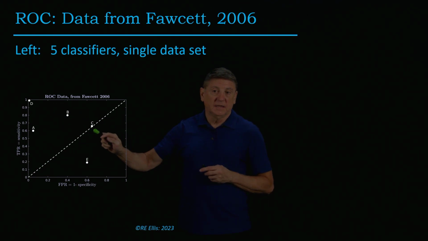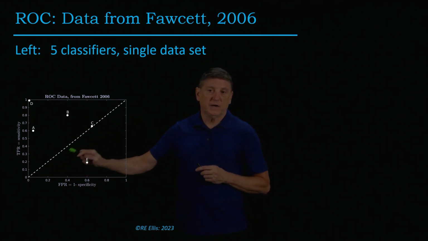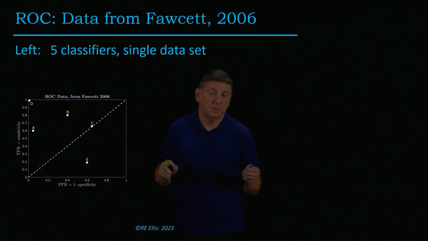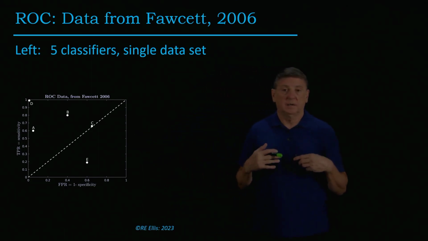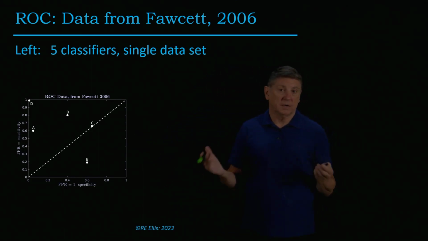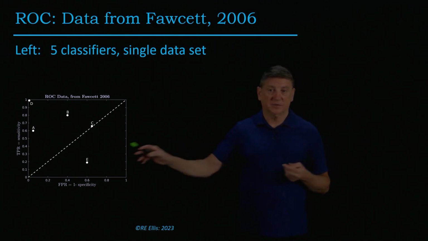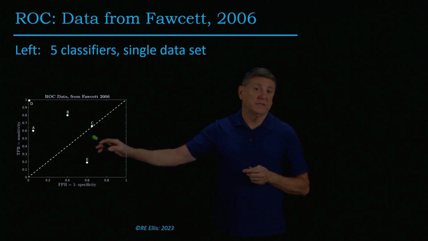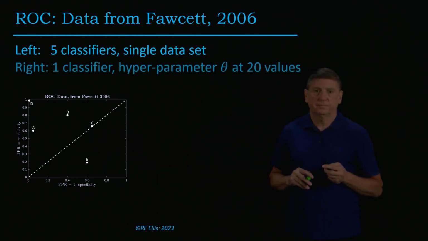Algorithm C has them equal. This dotted line is where the false positive and true positive rates would be equal. This is often referred to as the null hypothesis, or what you would get if you were operating by chance. We'll note that classifier E is quite poor in that it's performing worse than we would expect from chance.